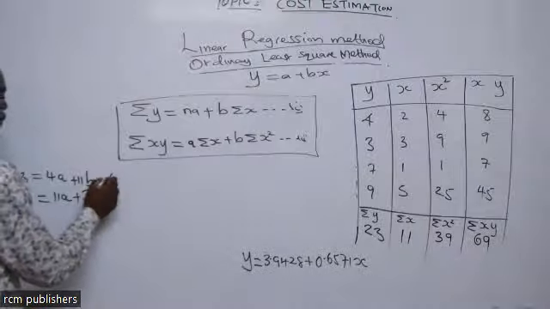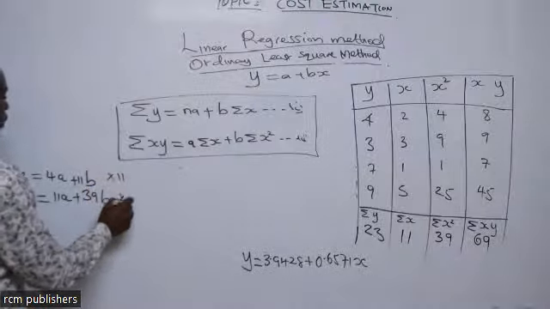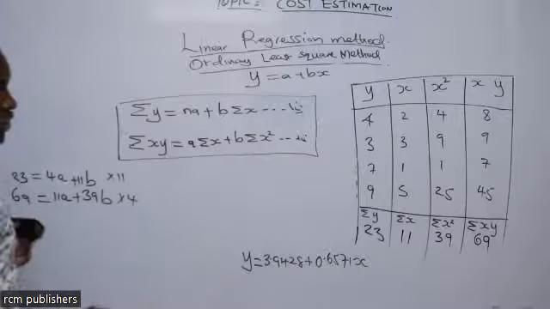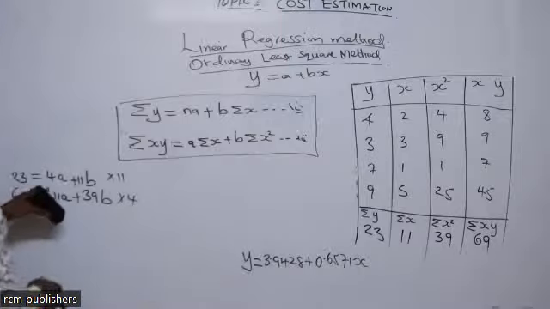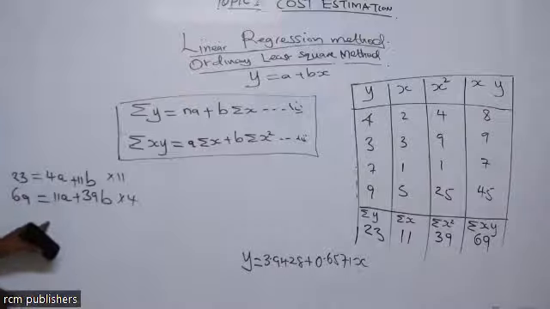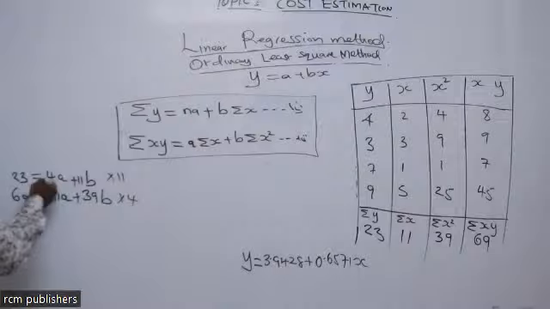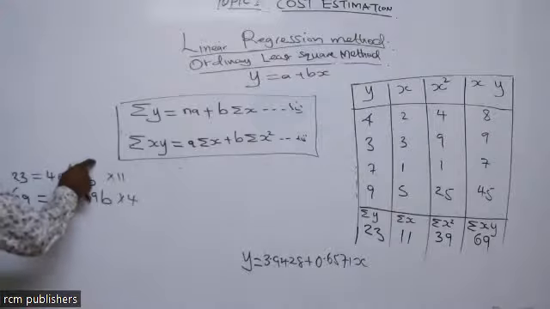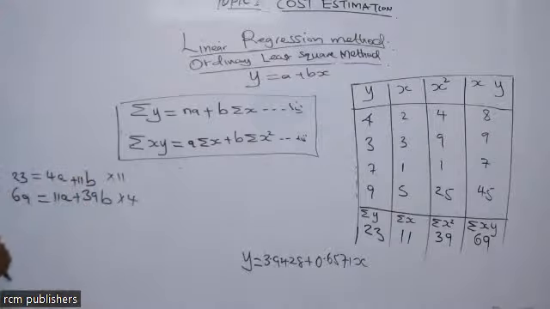So I can take this, multiply by 11, I take this, multiply by 4. Then have a new equation down there to make A equal to A, so that I have 44A, I have 44A. When I subtract the two, I'm going to have 0, so that I only remain with one unknown.